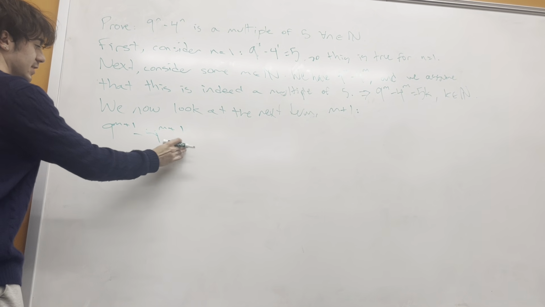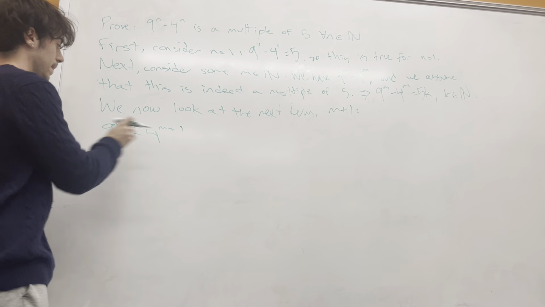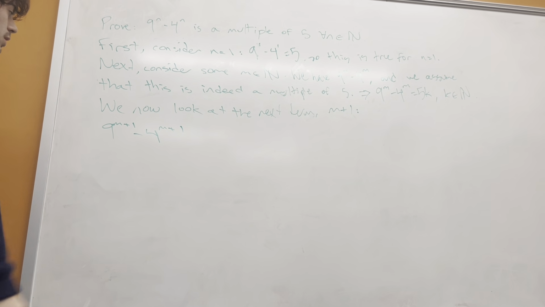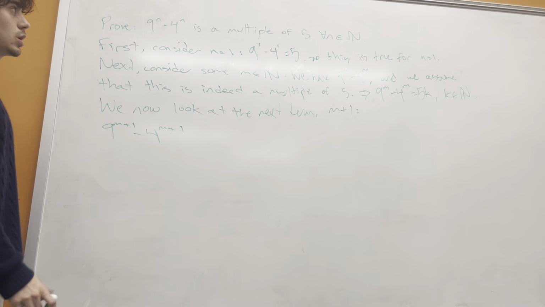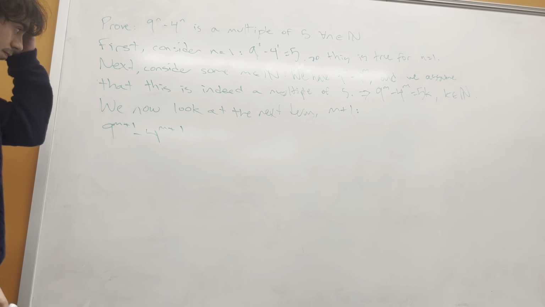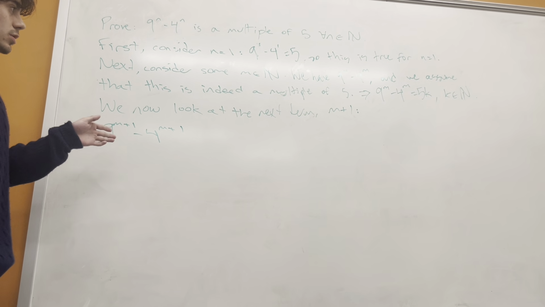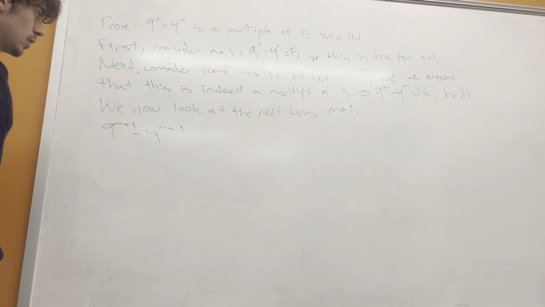And we want to show that this is a multiple of 5. As if we can show that this is a multiple of 5, then we can show that the next term is a multiple of 5, and so on and so on. So we're using induction to show that this is true for all the natural numbers. So we start off by considering the next term after assuming that the previous term is true.